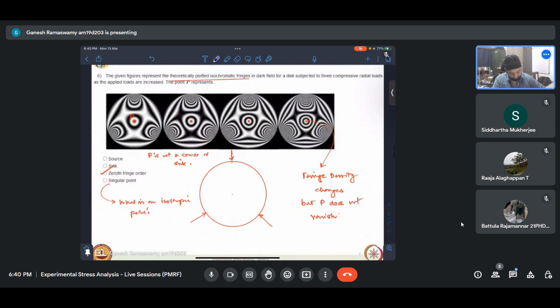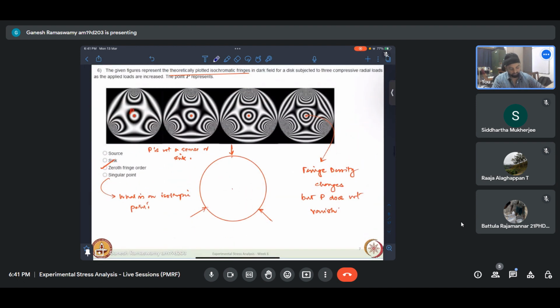Okay, so this is what is characterized as the fringes become denser, 0 doesn't disappear. So this is our 0th fringe order. This is why at the center of the disk with three compressive loads, it is not a sink. The fringes are just getting denser. So it is our 0th fringe order there. Are there any questions at this point?